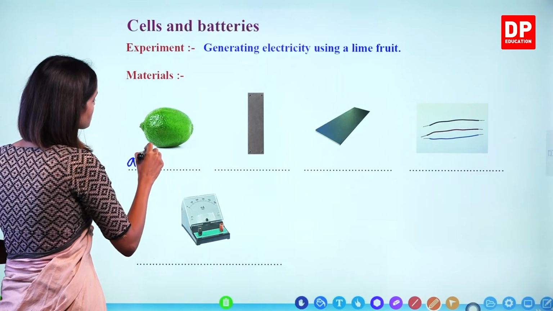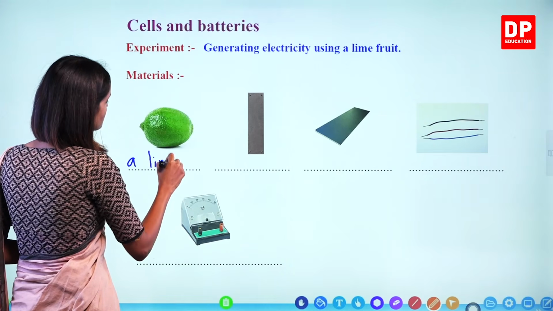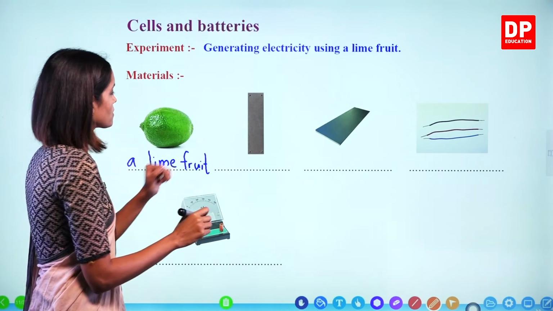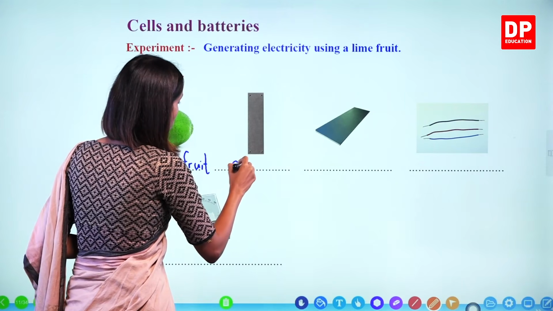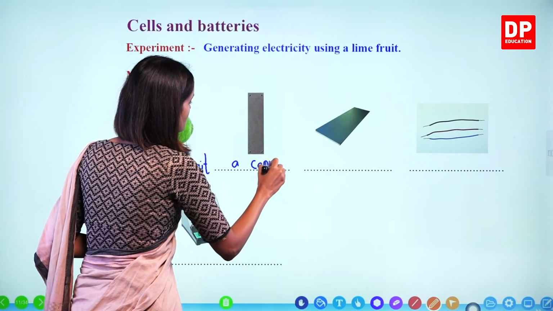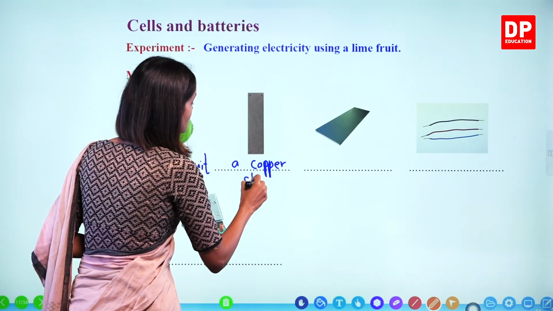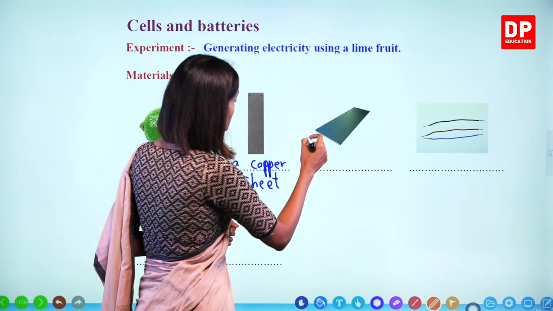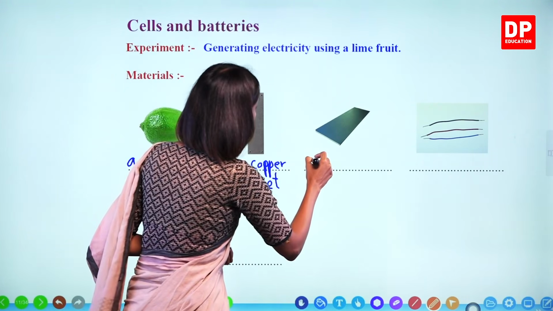A lime fruit, copper sheet, it's brown in color. Zinc sheet, it is silver in color, right?